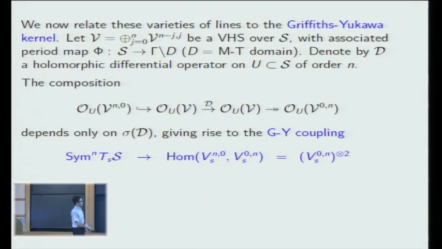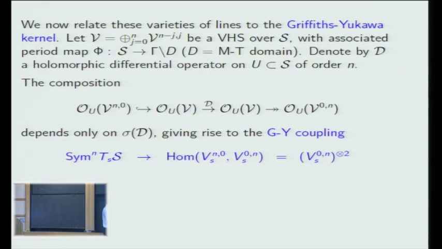And so it depends only on the symbol of the differential operator. So what am I doing here? I'm including the N0 stuff in the VHS into the VHS, applying the differential operator to holomorphic sections, and then projecting to the 0n part. And the reason why this works is because I took the differential operator to be exactly of order n.